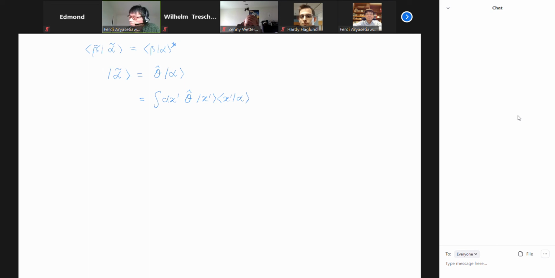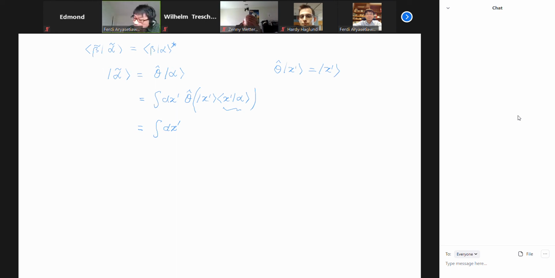Now we have to be careful here because we are operating on the whole thing. This is a complex number, so it becomes the integral over x prime. We just showed that this thing is equal to that one. But if we have a complex number inside, then that complex number turns into its complex conjugate.